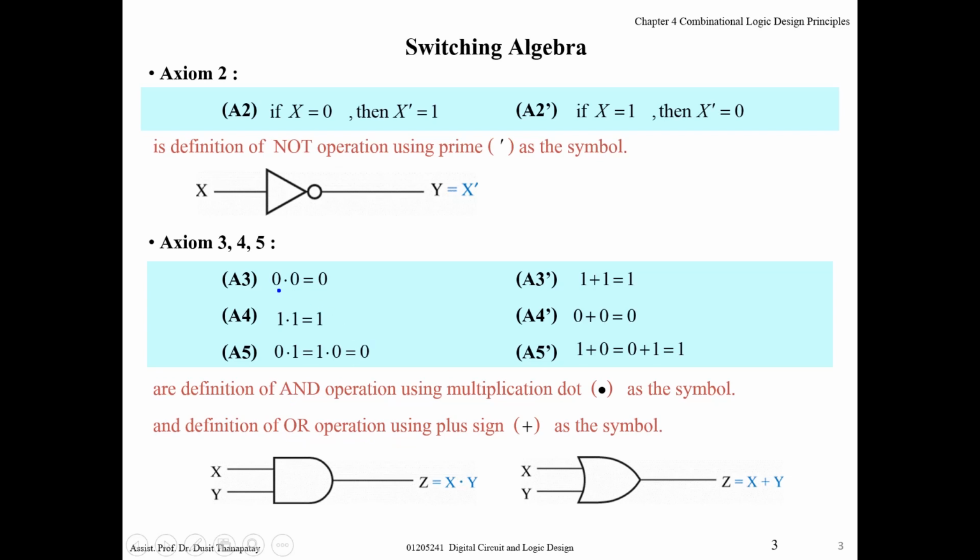Namely, 0 and 0 is 0, 1 and 1 is 1, 0 and 1 is 0, 1 and 0 is 0. And for OR, 1 or 1 is 1, 0 or 0 is 0, 1 or 0 is 1, 0 or 1 is 1.